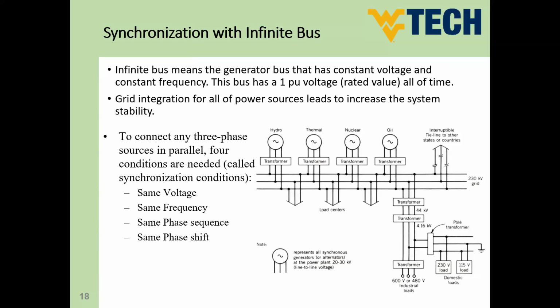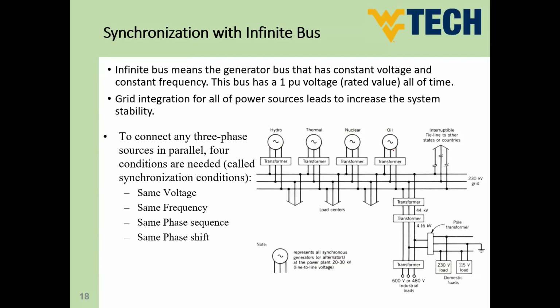The electrical grid includes a lot of generators with different types of mechanical supply. You could find hydro turbines, thermal turbines, nuclear turbines, oil, gas, steam, every type of generator. All of these generators will be connected firstly to a transformer.